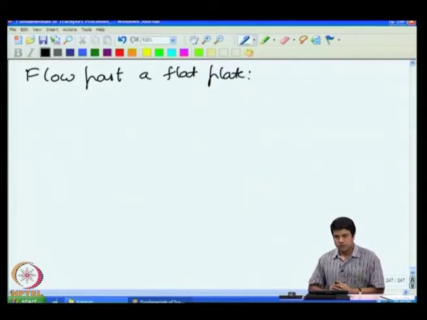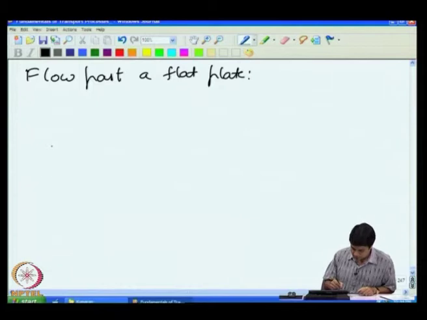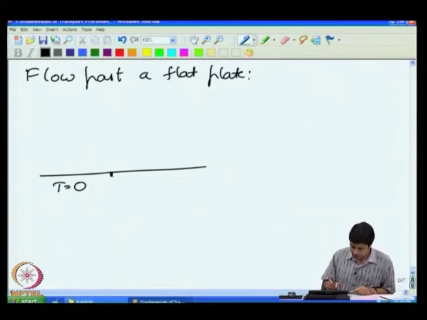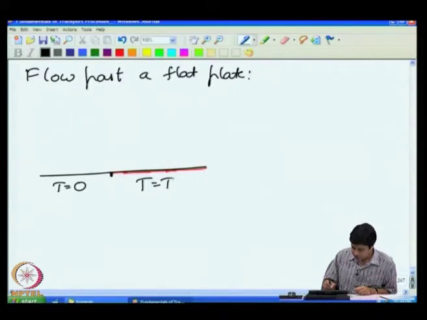We consider solution of the conduction equation in the flow past a flat plate. So, I have a flat plate here, and at a particular location the temperature is instantaneously increased to a higher value. So, T is equal to T1. Rather than 0, let us just write this as T naught.